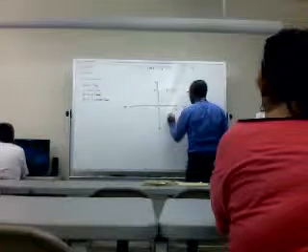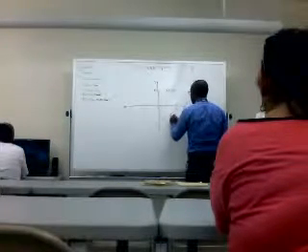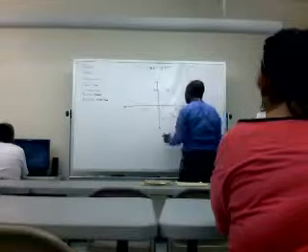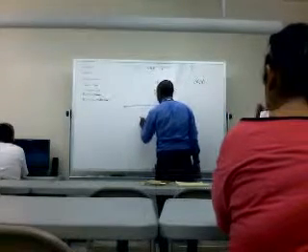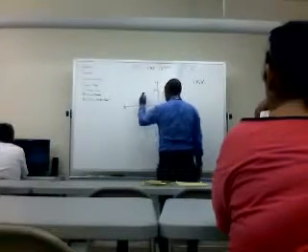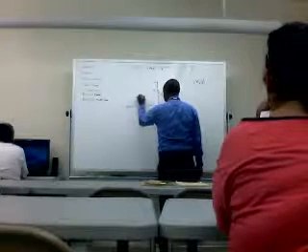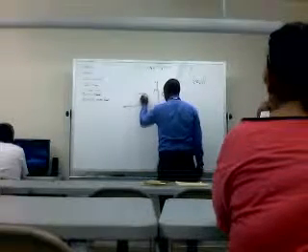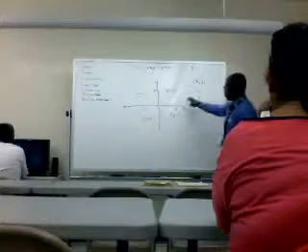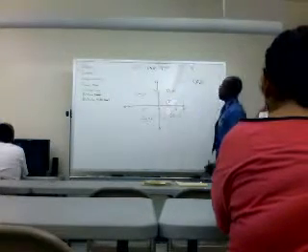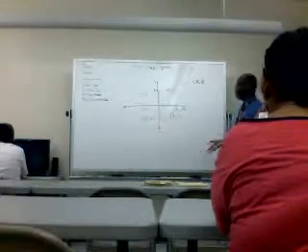In this quadrant, the x is positive, but the y is negative. In this quadrant, they're both negative. In this quadrant, the x is negative and the y is positive. So depending on where you are, that'll be the sign of your x or your y, okay?